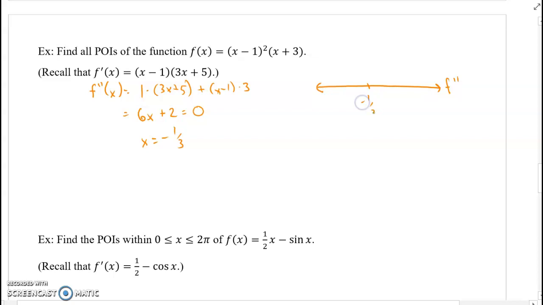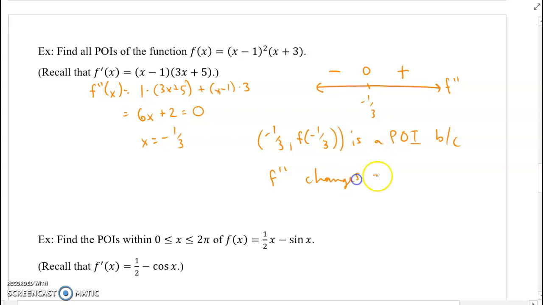So there's only one value on our f double prime line. X values that are smaller than negative 1/3 are going to give us a negative second derivative, and values bigger than negative 1/3 are going to give us a positive second derivative. So we can say that negative 1/3 comma f of negative 1/3 is a point of inflection because f double prime changes signs at x equals negative 1/3.